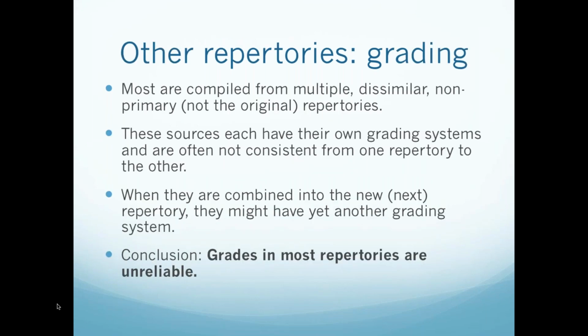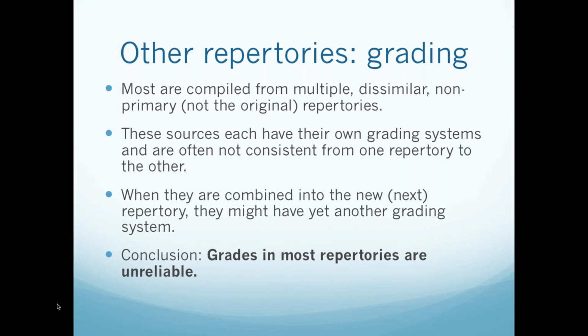Other repertories, most are compiled from multiple dissimilar non-primary, not the original repertories, so sort of the whisper down the lane effect. These sources each have their own grading systems, and they're often not consistent from one repertory to the other. So when they're combined into the new repertory, they might have yet another grading system. So the conclusion is the grades in most repertories are unreliable.